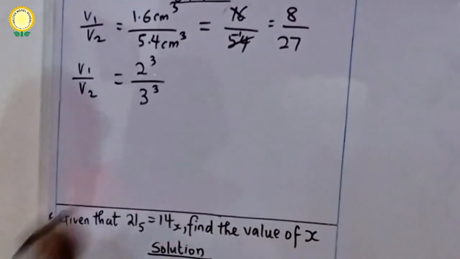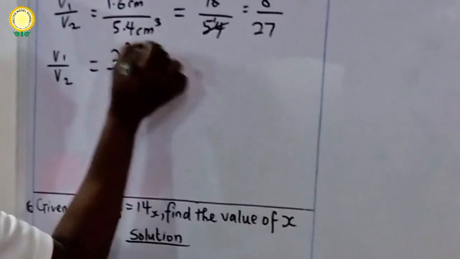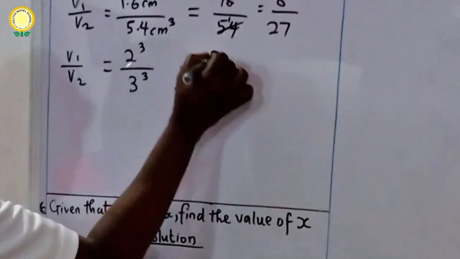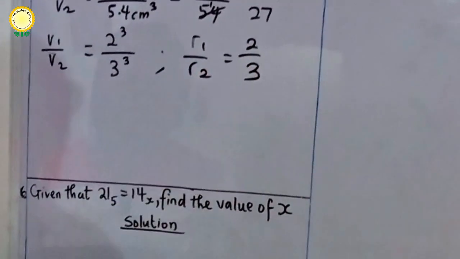So if the volume ratio is 2 raised to power 3 over 3 raised to power 3, then R1 over R2 will be equal to 2/3.